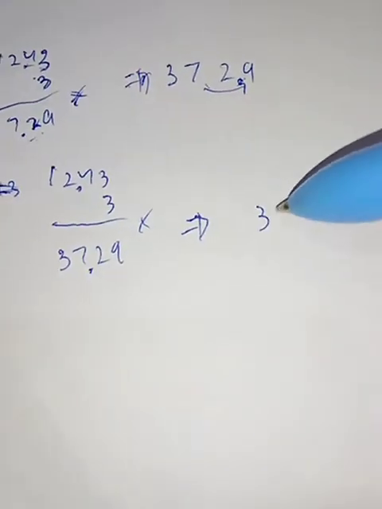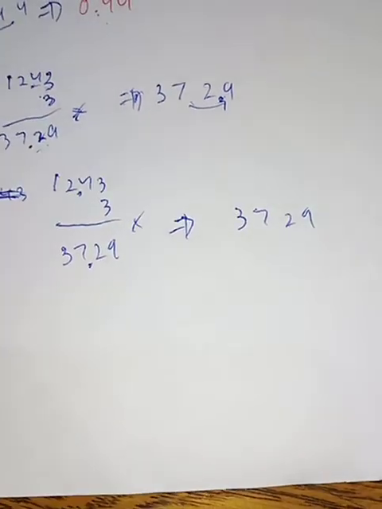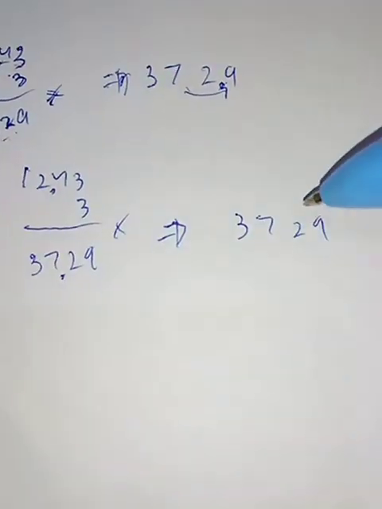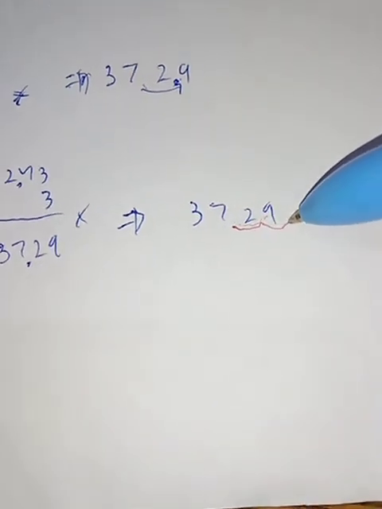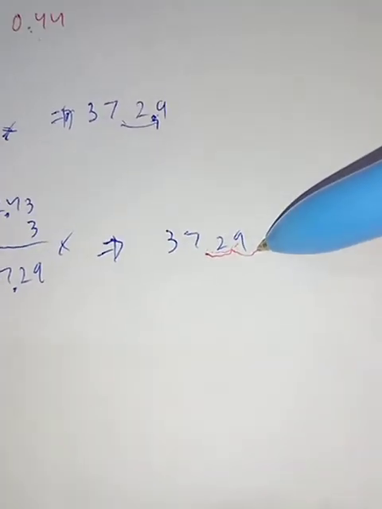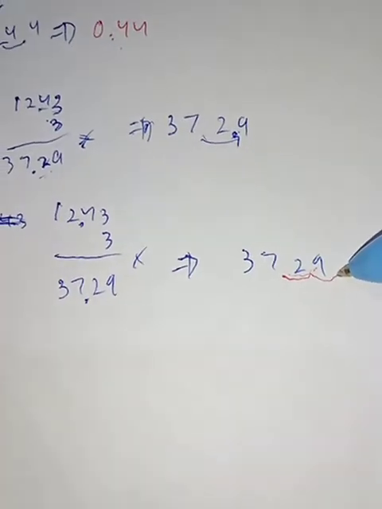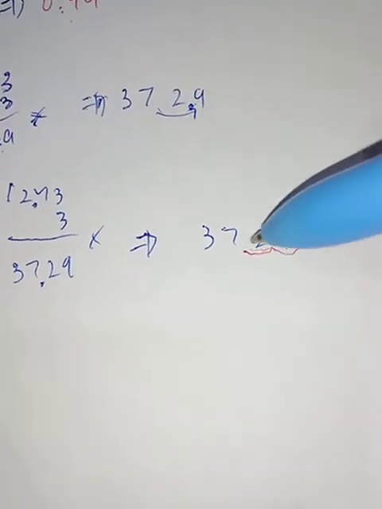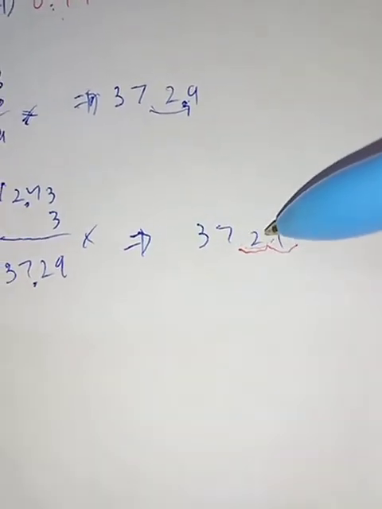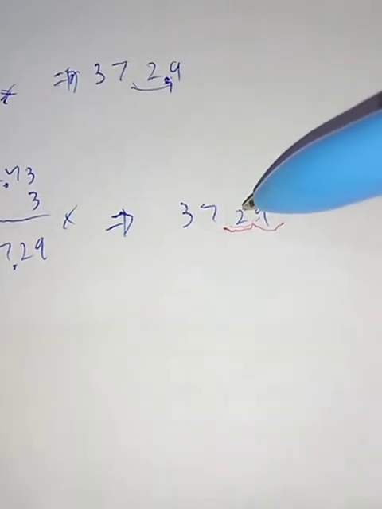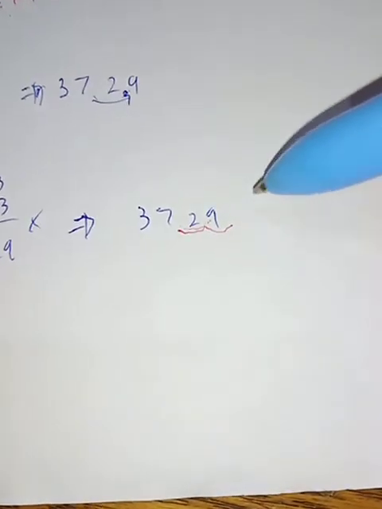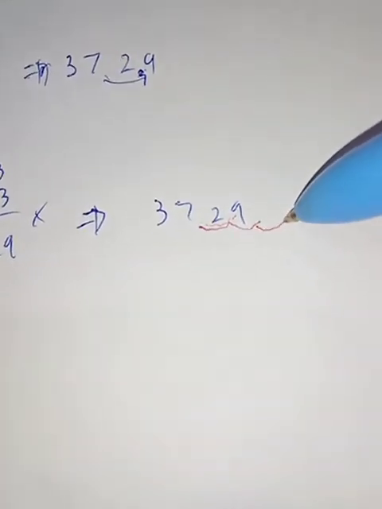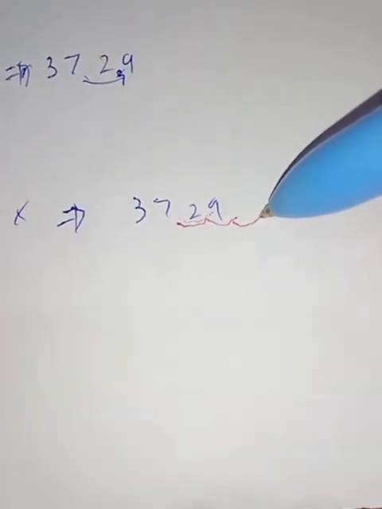So now it becomes 1, 2. Now the moment you move 2 times to the right, actually there's no decimal anymore, so it becomes 3729, but you have 3 zeros here, so you can still move one more time to the right side.